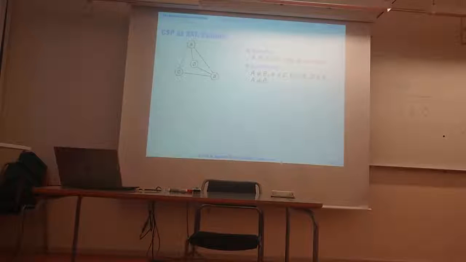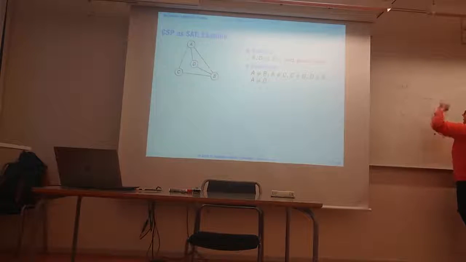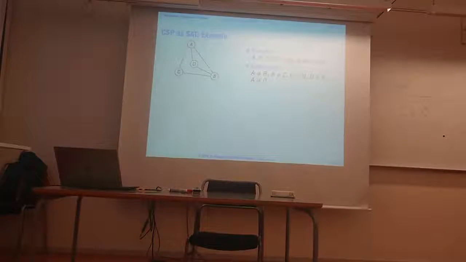Everyone with me? But as was pointed out, this is not a normal form. As I told you before, we cannot have negation in front of the clauses, because this is not a conjunctive normal form. And I told you it's an extremely efficient representation to have our formula in conjunctive normal form, because further on we're going to really use this representation. So how do we transform this to CNF?